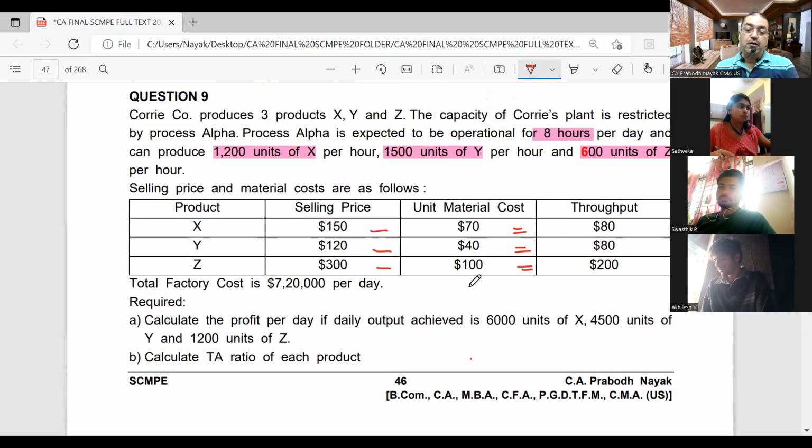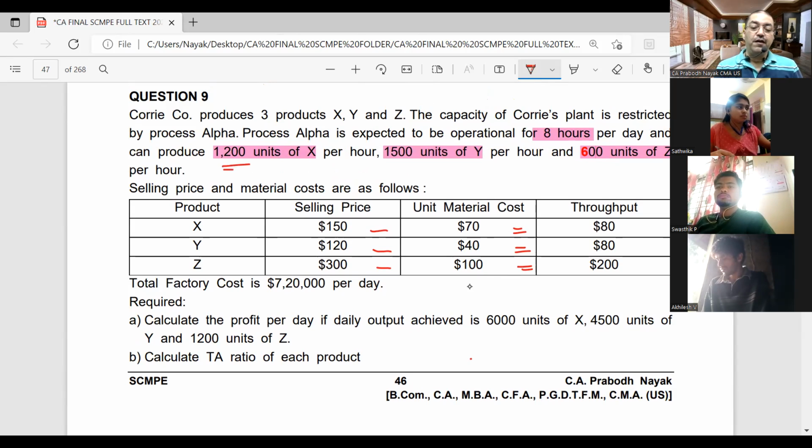Now, how to calculate the contribution per hour? Contribution per unit is given to me as $80 for X. I will multiply that by how many units of X can be produced in 1 hour, 1200 units.